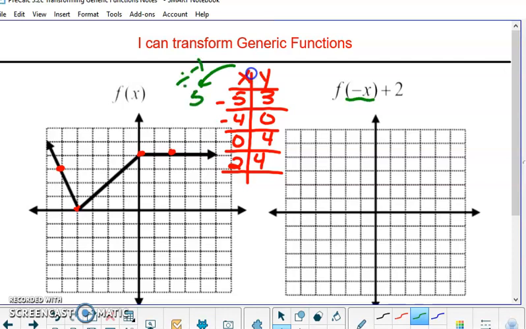I know it comes out to be the same anyway, but technically we are dividing by negative 1. And it's going to go 2 to the right. So this crosses off. Right 4, up 2, 6. Okay.